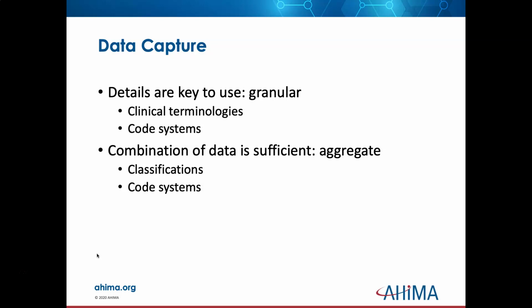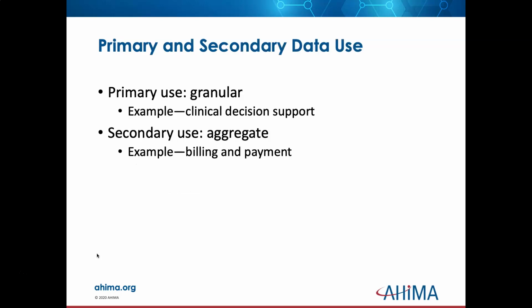A combination of data is sufficient if you're talking aggregation, and that's where you get into classifications and code systems. And this really is covered at the top of page 126 in your book. It gives you a nice table, 5.2, examples of data uses and the requirements. So that's something to go back to and take a look at if you're struggling with this concept.